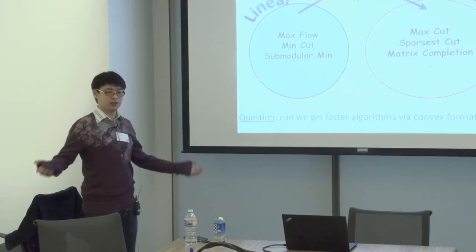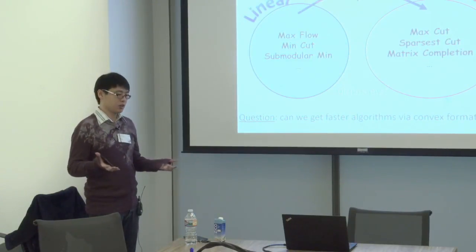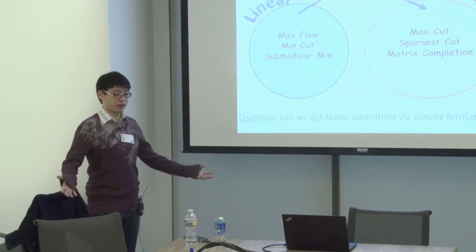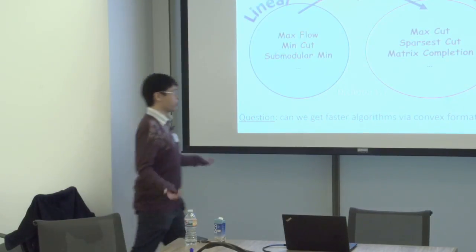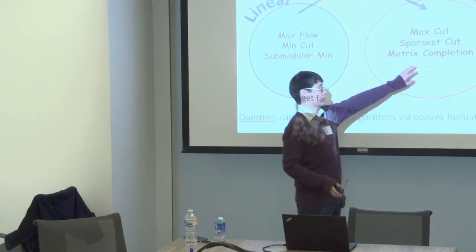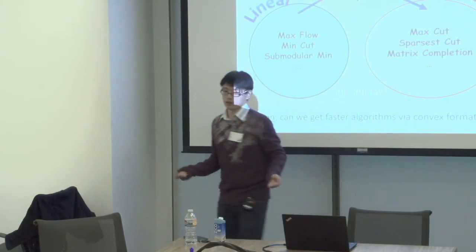So more specifically, I want to understand whether certain problems admit faster algorithms by using a convex relaxation instead of an LP relaxation.